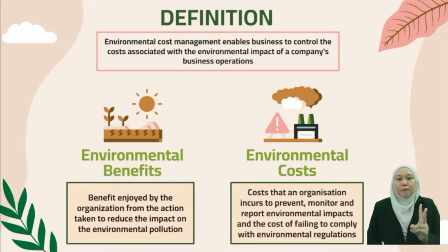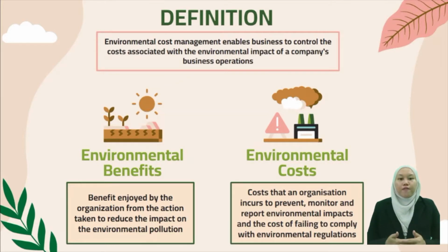There are two important things under environmental cost management, which is environmental cost and environmental benefit. So firstly is environmental cost. It is the cost that an organization incur to prevent, to monitor, and also report the environmental impact and the cost of failing to comply with the environmental regulation.